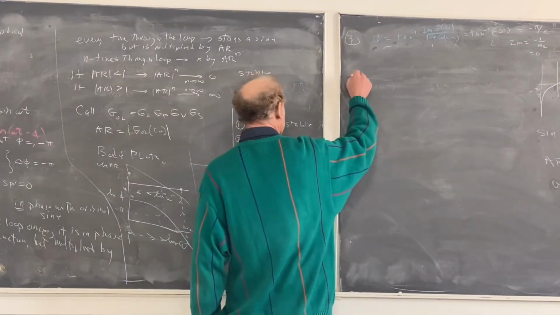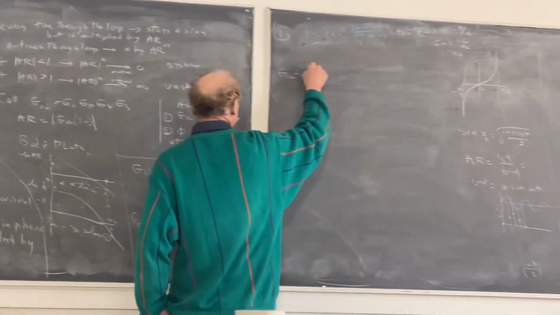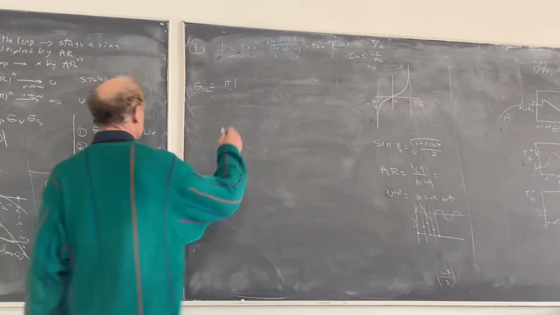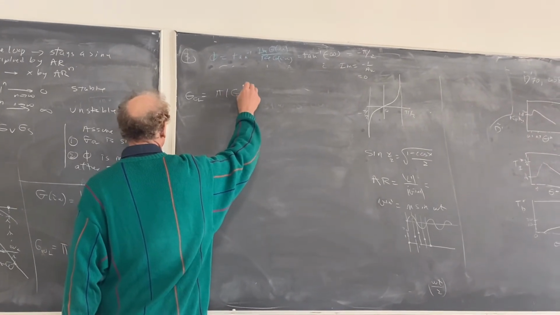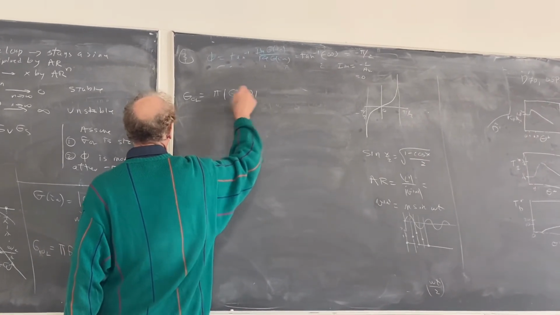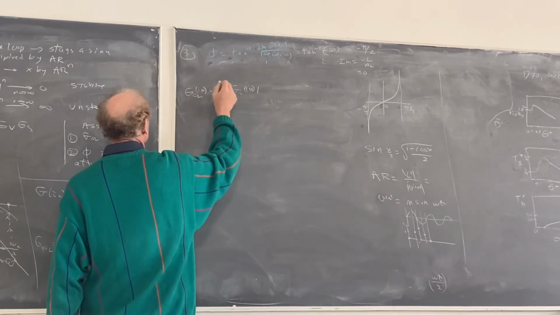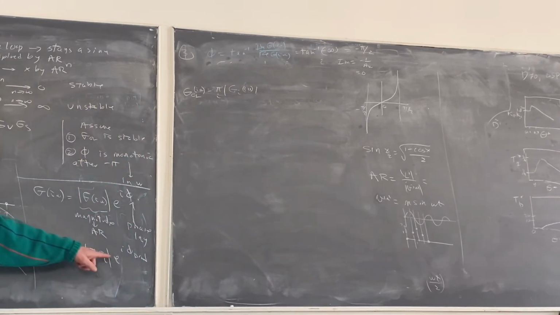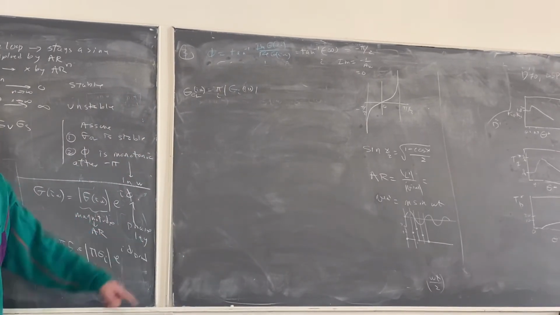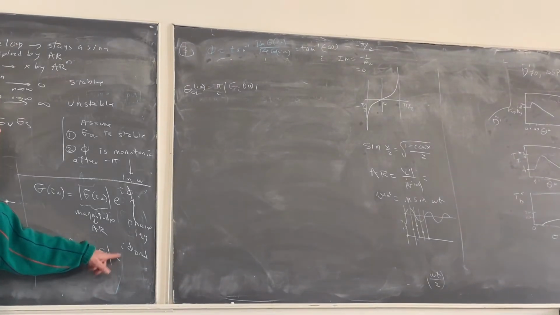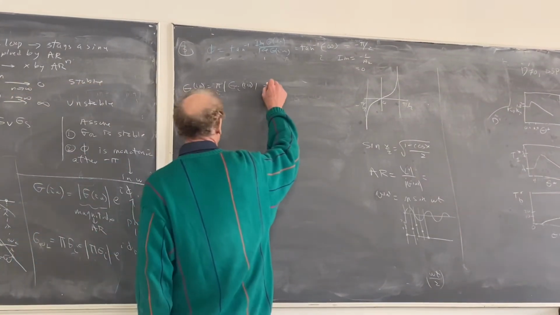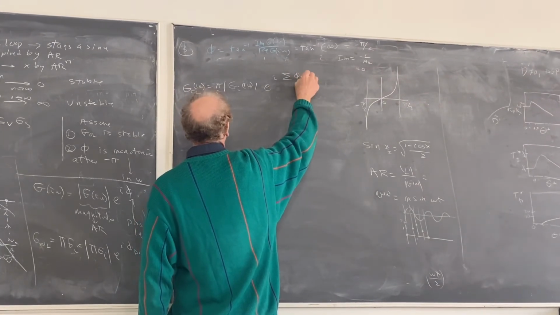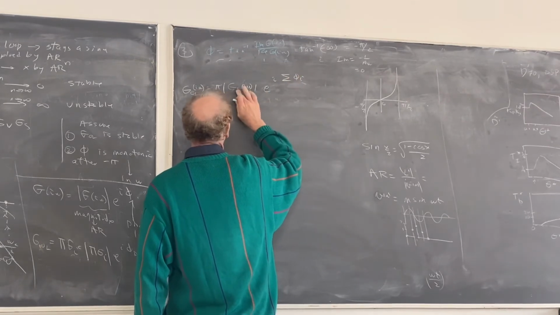The magnitude of the product is the product of the magnitudes. And if I multiply a bunch of e to the i phi's together, then I get e to the i times the sum of the phi's. Maybe I should use j here.